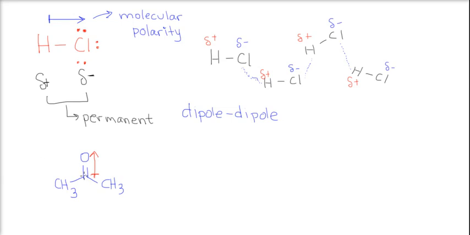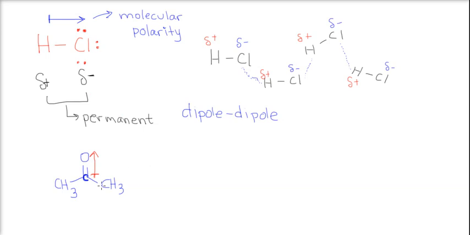I should have drawn the carbon atom that is in here. I'm sort of jumping ahead a little. So the other bonds between carbons and carbons are nonpolar, and the bonds between carbon and hydrogens are also nonpolar. And so we only have one dipole or one bond polarity arrow, the same as HCl.